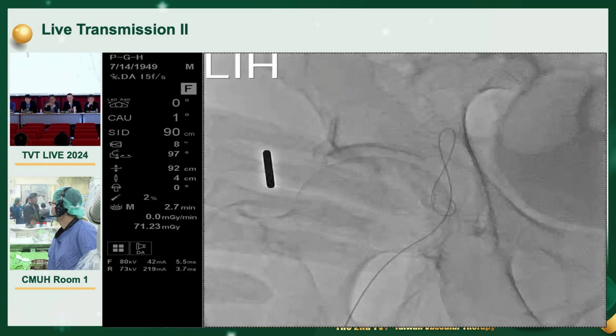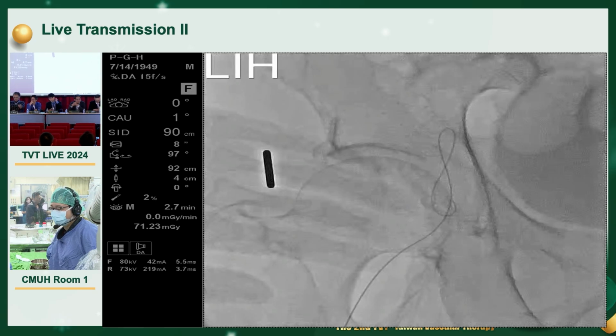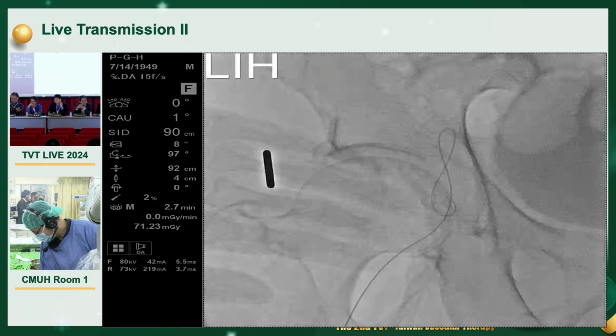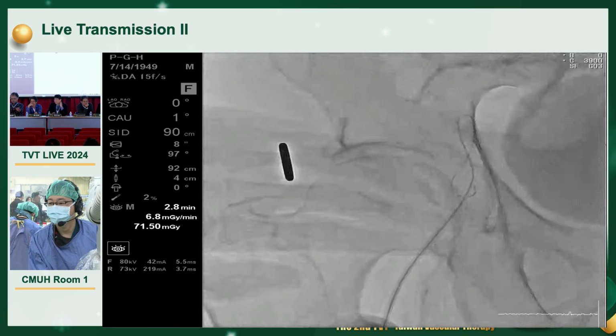I have to finish my procedure within 30 minutes because I have a presentation. Okay, I will insert the 6 French sheath for the right common femoral artery, like this.